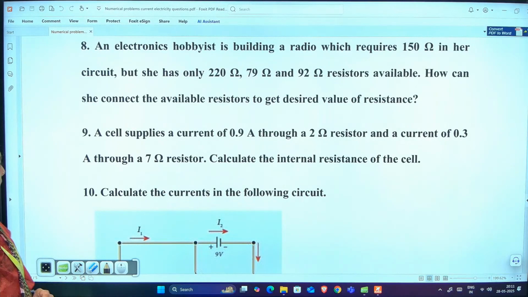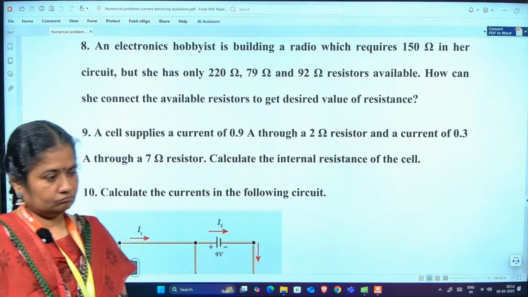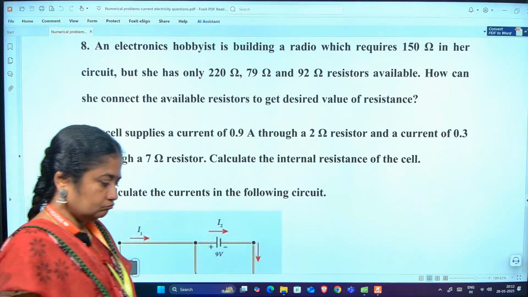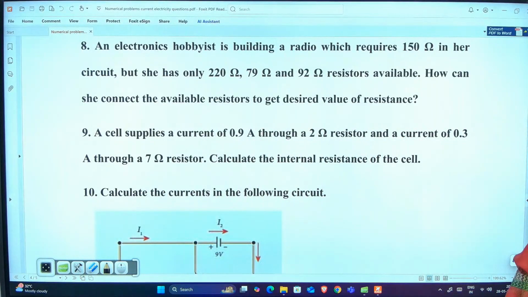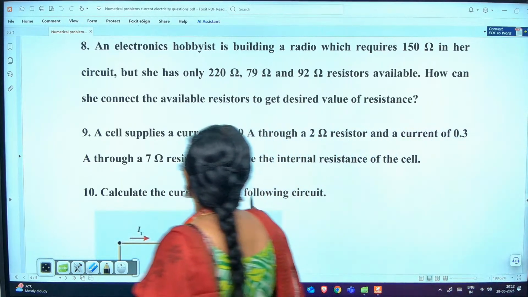The cell supplies a current of 0.9 ampere through a resistor 2 ohms and a current of 0.3 ampere through a resistor 7 ohms. Calculate the internal resistance of the cell. Noted the values.